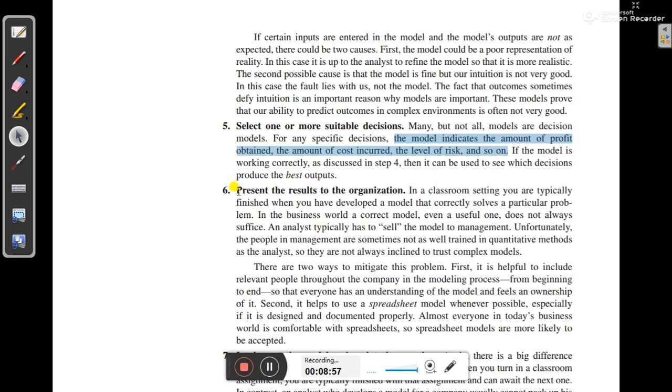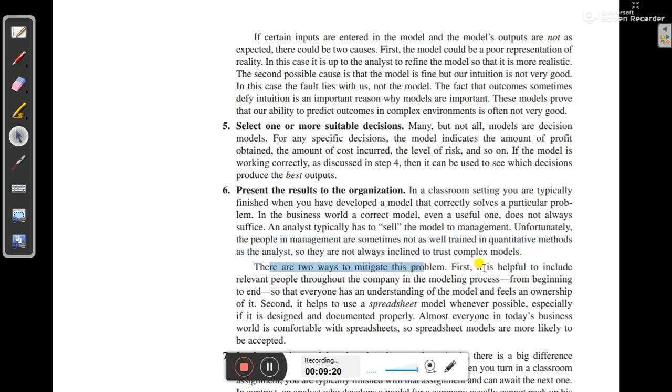After presenting the results to the organization, there might be some problems. Unfortunately, people in management are sometimes not well trained in quantitative methods, so they are not always inclined to trust complex models. Obviously that can happen. So there are two ways to mitigate this problem.